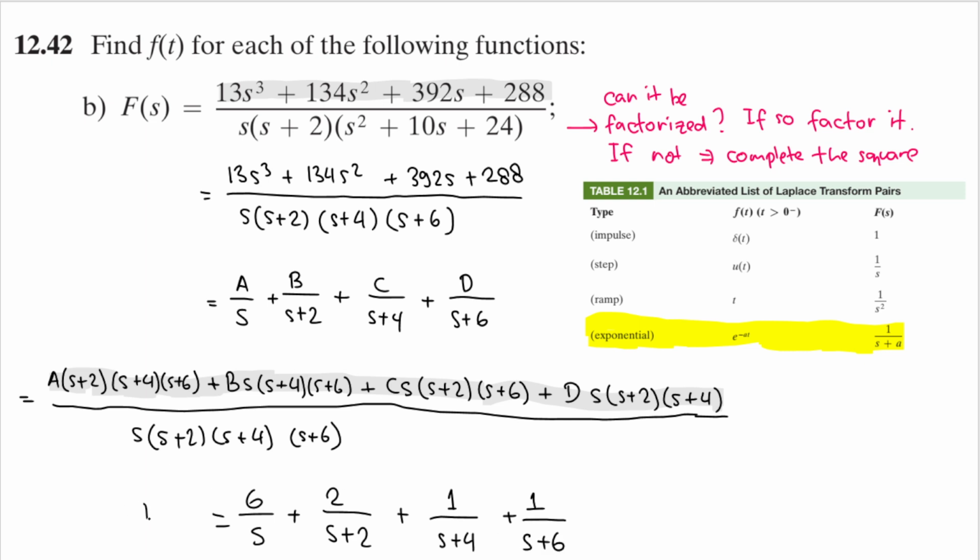This is Fs, final form of Fs, and that we can transform this using this highlighted row here. We can do that, so we'll have ft is equal to 6 over s, so we will have 6 ut, right?